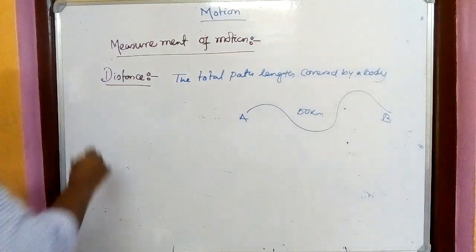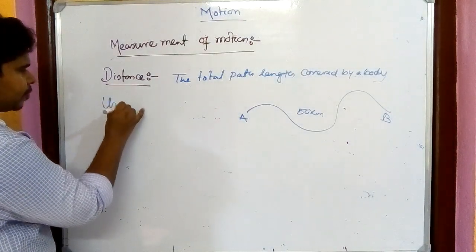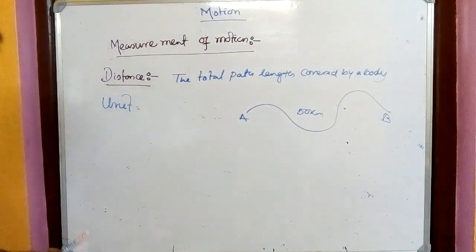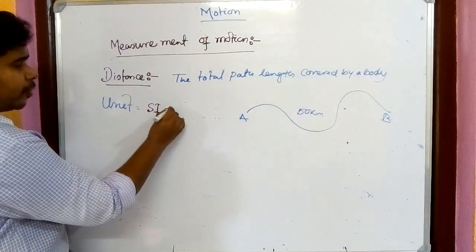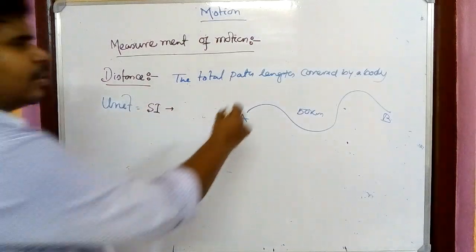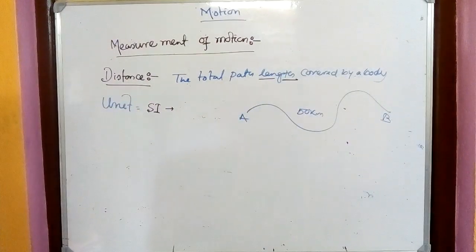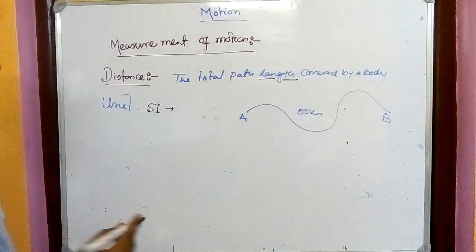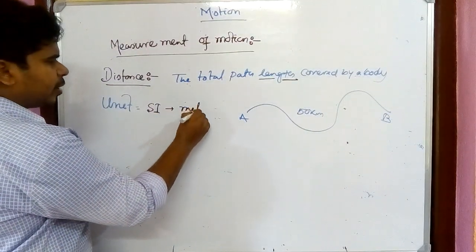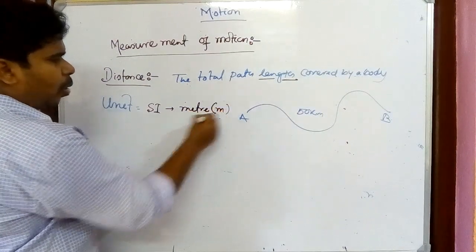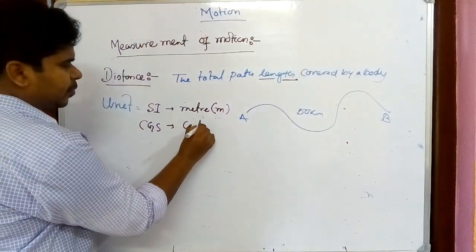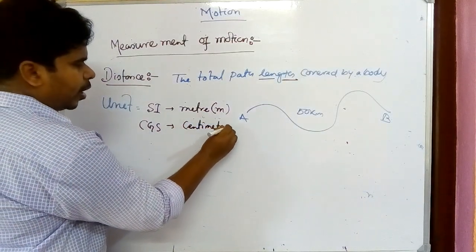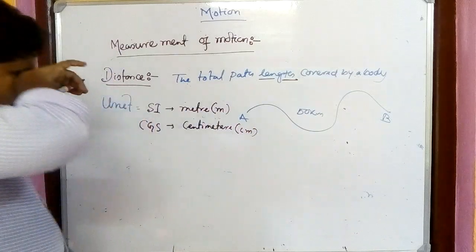There are two kinds of unit system generally used, SI unit or CGS unit. Since this is path length, the unit should be the unit of length. So the unit of length in SI is meter, symbolized by small m, and in CGS it is centimeter, symbolized by cm.